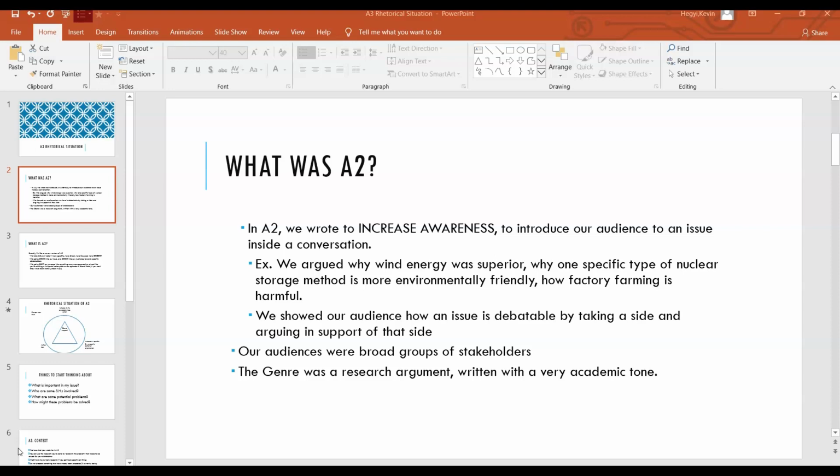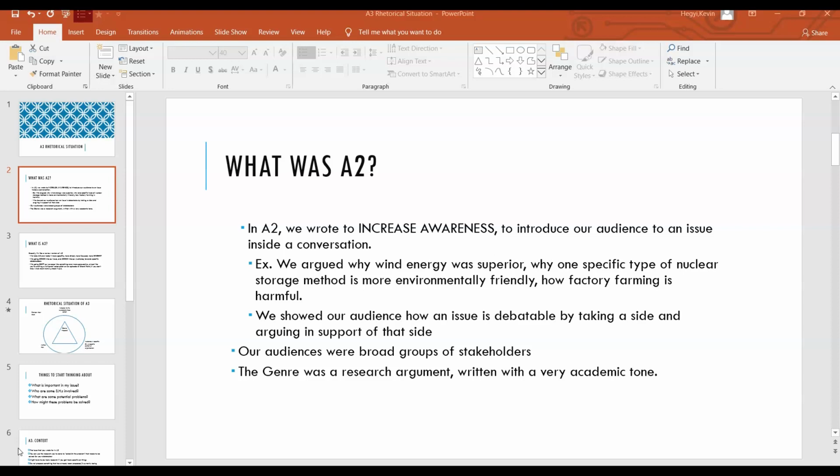Our audiences were a little bit broader. There was more of a broad group of stakeholders, and we were really writing to them to just be aware of these points of tension inside of these issues. We were taking a side and supporting a specific side, bringing awareness to the benefits and how that side will outweigh the others.